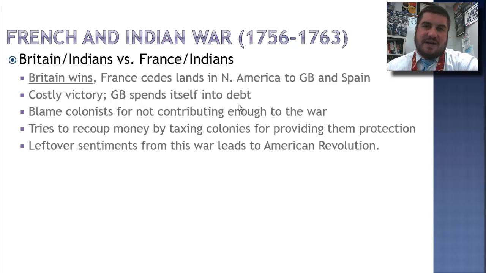They say, you're not pulling your fair share. You're not contributing enough for the war. So they try to recoup some of this debt by taxing colonies for providing protection to them. And they don't give them any representation in Parliament, and the colonists don't think this is fair. So leftover sentiments from this French and Indian War, the fallout from this, lead to the American Revolution 10, 15 years later.